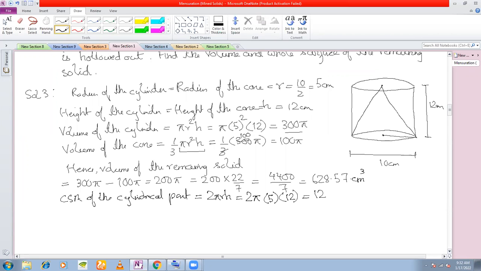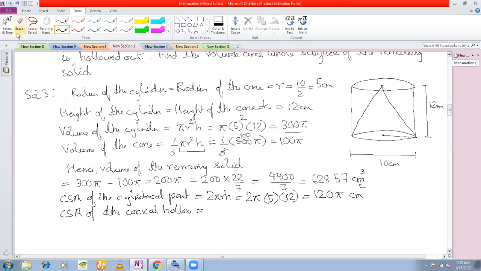So this is 120 pi centimeter square. This is the curved surface area of the cylindrical part. Curved surface area of the conical hollow. That is when you're looking inside, after taking out the conical part, you're only getting the curved surface area of the cone, right? And the curved surface area of the cone is pi r L.